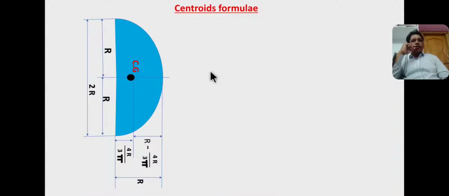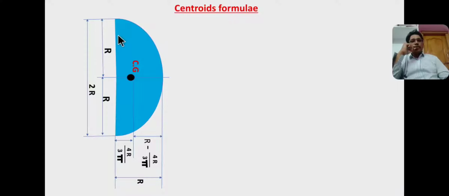Now in this slide I am going to explain some basic formulas for centroids. This is a semicircle having radius capital R, and CZ is the centroid or center of gravity of a semicircle at a distance of 4r by 3 pi from baseline.